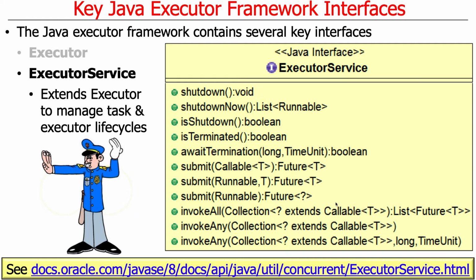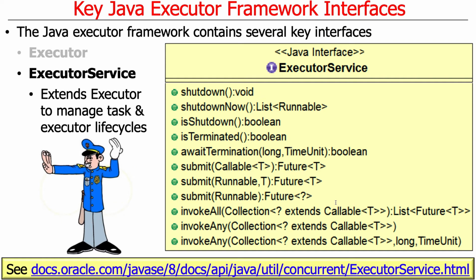And then you can also do various kinds of things on the Executor Service itself. For example, you can shut it down gracefully. You can shut it down immediately. You can check to see if the service is shut down. You can check to see if it's been terminated. You can wait for it to shut down. These are all lifecycle operations that are used to control the lifetime of instances of the Executor Service.